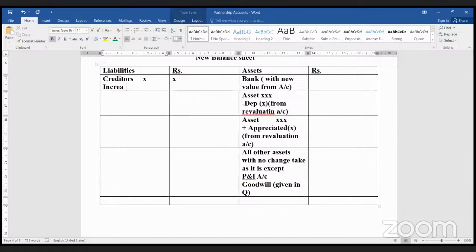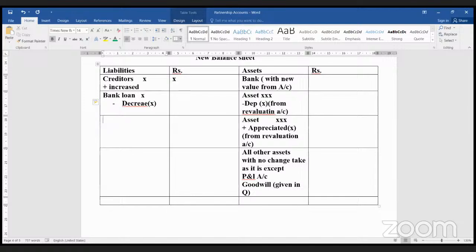Decreased value means if increased, anything decreased as per the revaluation, this also.